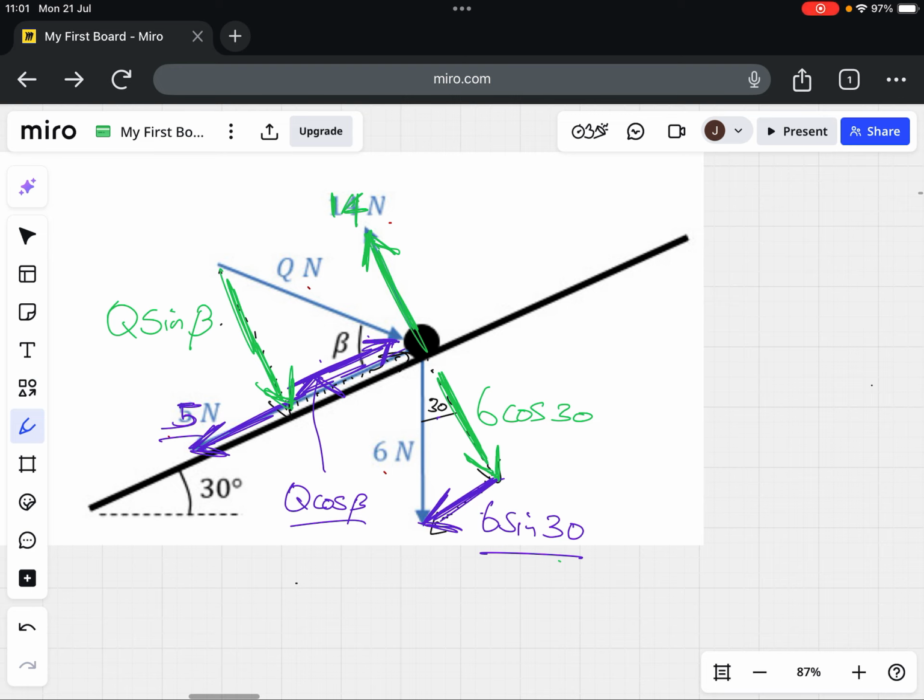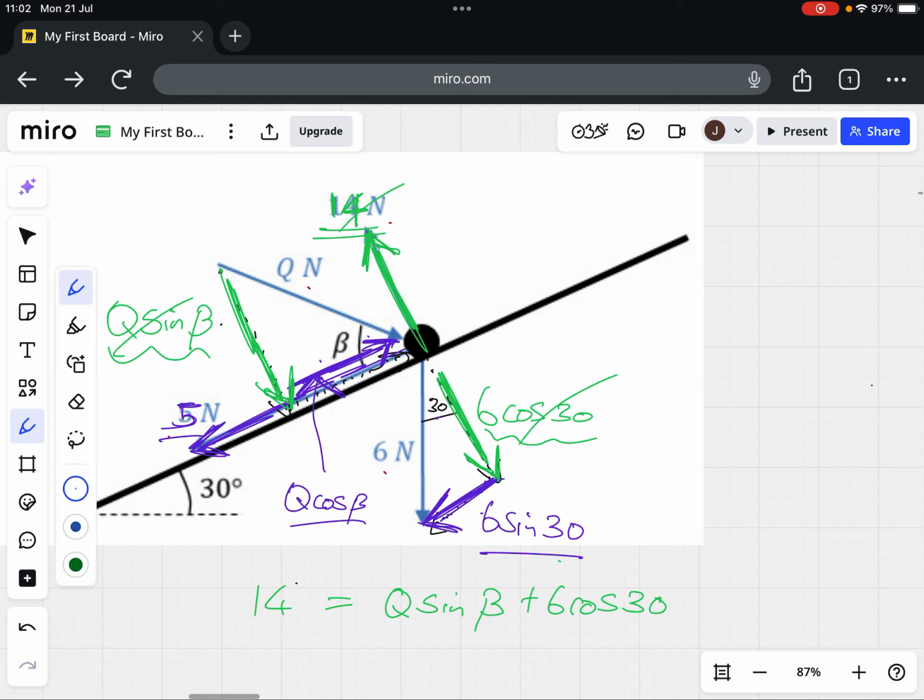So I'm going to do now that the 14 must be equal to the ones acting into the slope. So that's Q sine beta plus 6 cos 30. Done, done, done. All the green ones are done, so I've got all the forces. Okay, purple now.